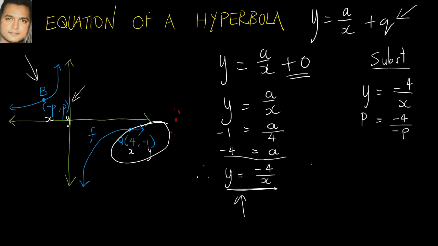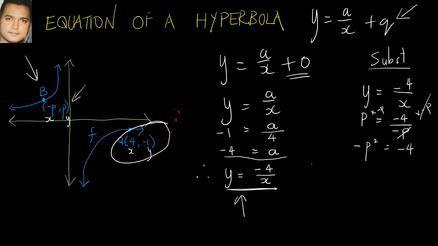Okay, so now what happens here? I'll have to multiply both sides by minus p. So times minus p, times minus p. So these p's cancel off here, right? And here I should have minus p squared is equal to minus 4.